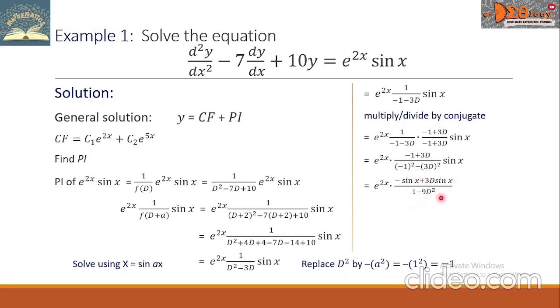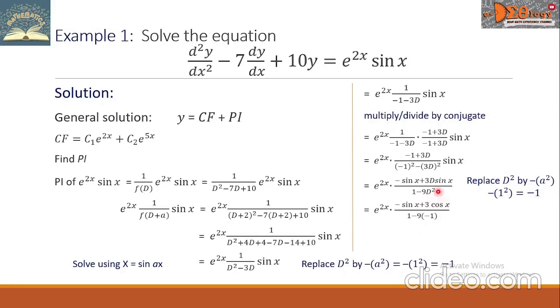At this point, in the denominator, we replace D squared by the negative of a squared. Our a is 1, and negative 1 squared gives us negative 1. So we substitute the value in D squared, and it becomes like this.